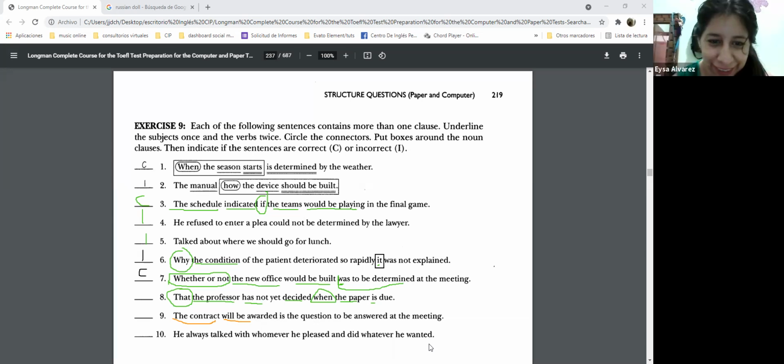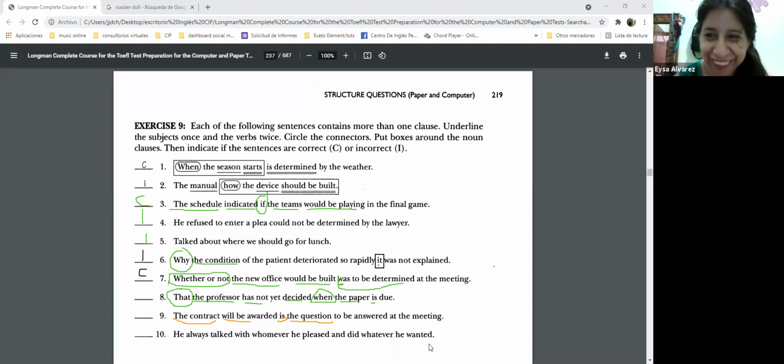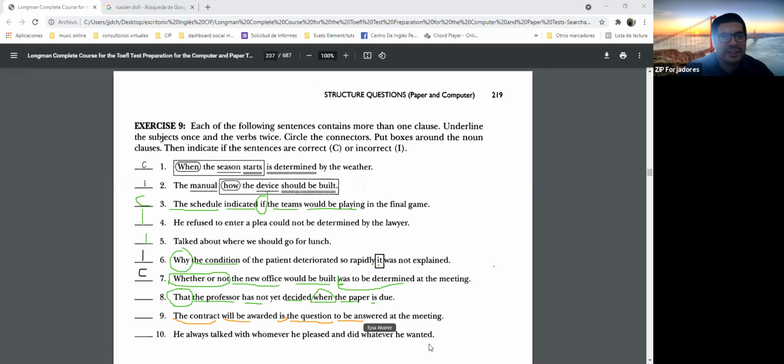Okay, here we have the action one more time. Question. Here we have one action one more time, to be answered. It's not an action. Is the action, good. Is the second verb.